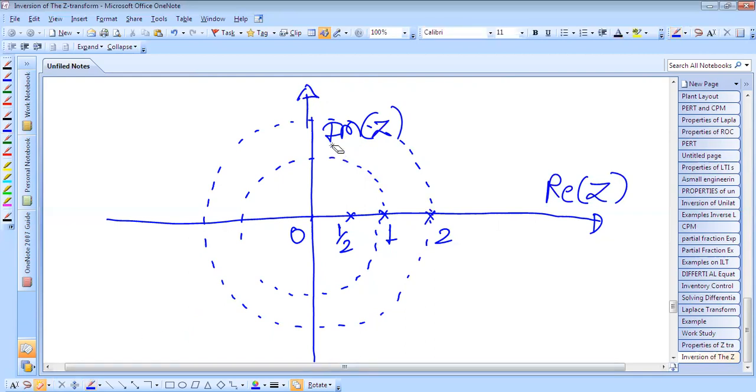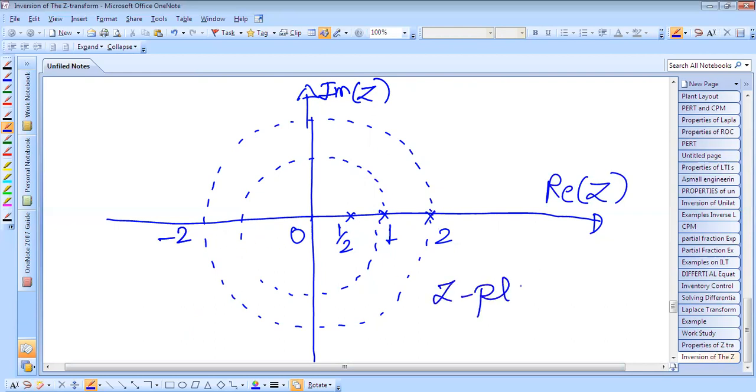This is the imaginary part of z, and this is 2, this is minus 2, and therefore this is the z plane.